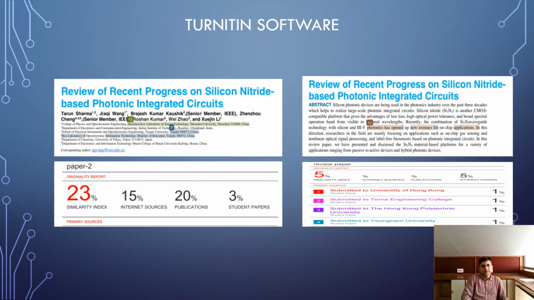At first the plagiarism showed 23%, when we had the author affiliation and references. Later on I revised the article, removed the author affiliations and references, and corrected other parts in the work, so I have only 5% plagiarism.